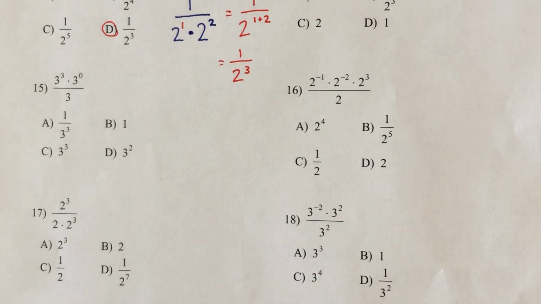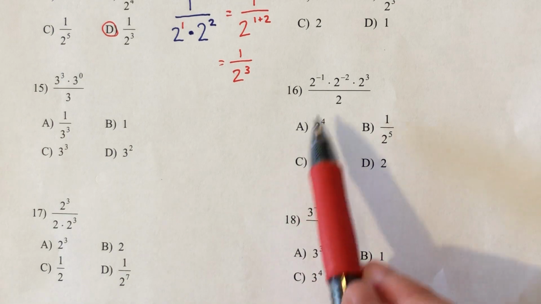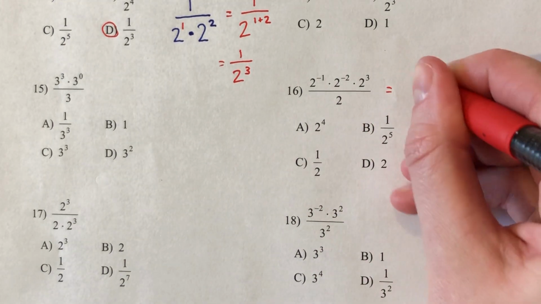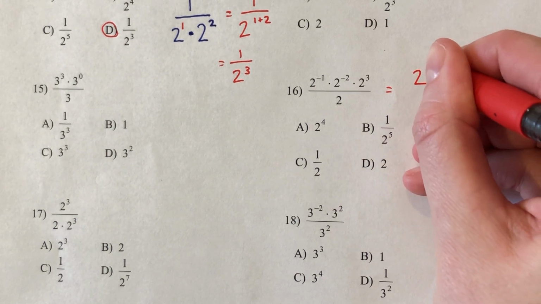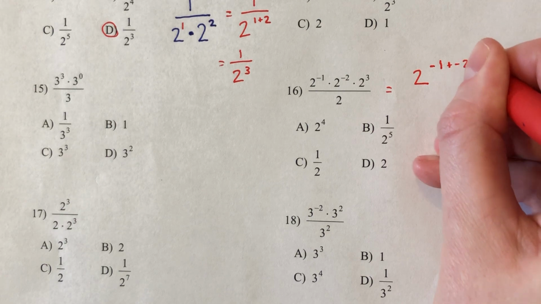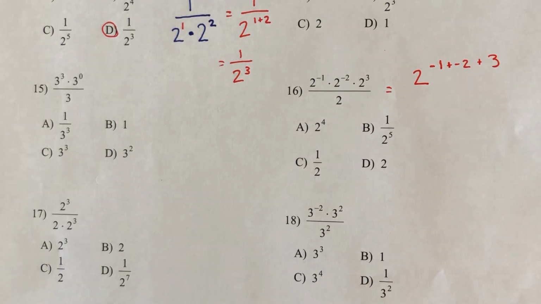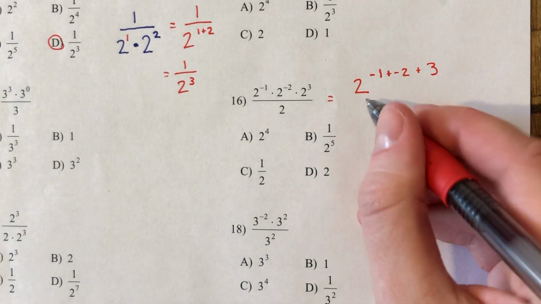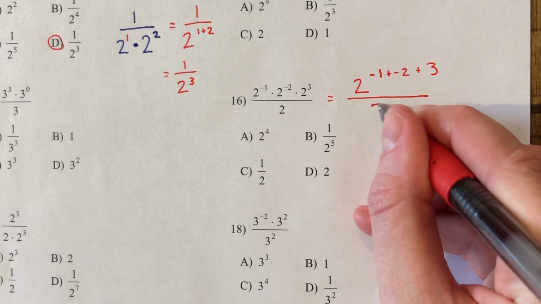That means I'm going to add those exponents, and I'm going to add all 3 exponents together. I have 2 raised to the negative 1 plus negative 2 plus 3. And all of this is over 2.